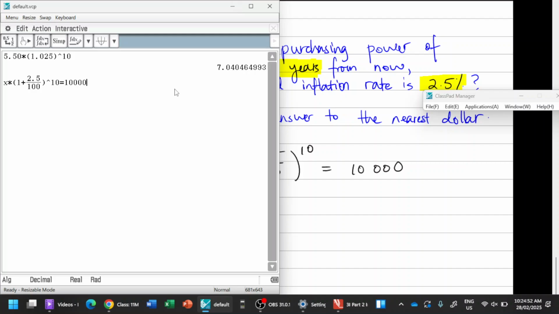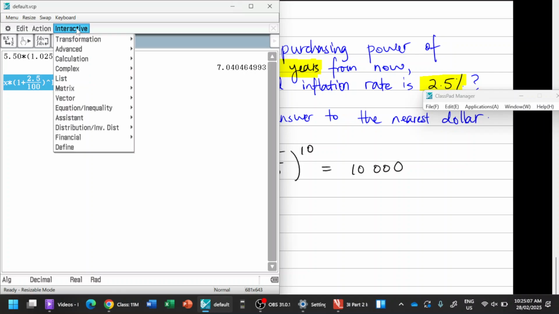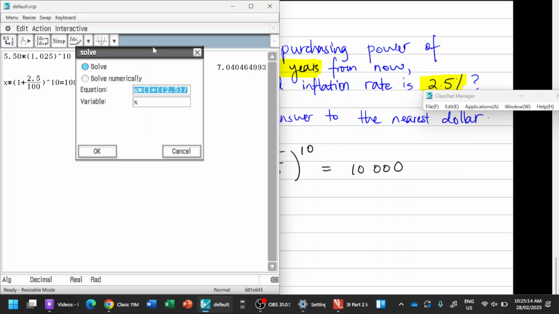Once you've typed in this equation, what you'll need to do is highlight everything and navigate the menus. The sequence is interactive, advanced, and solve. If you used a letter different to x, you'll need to change it here.